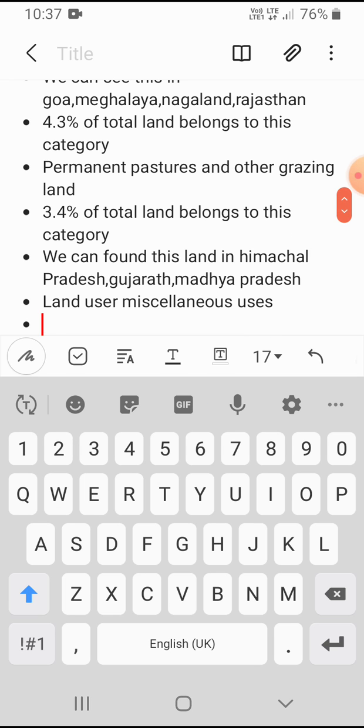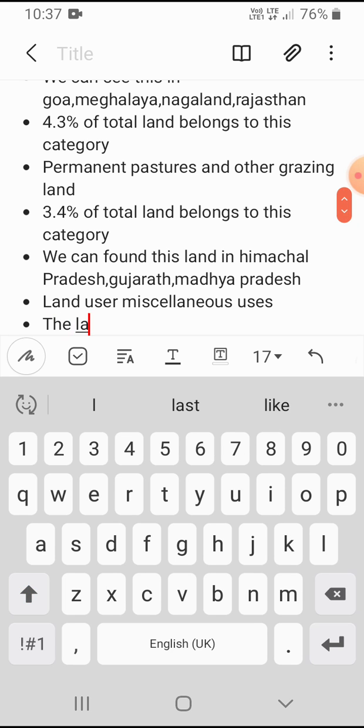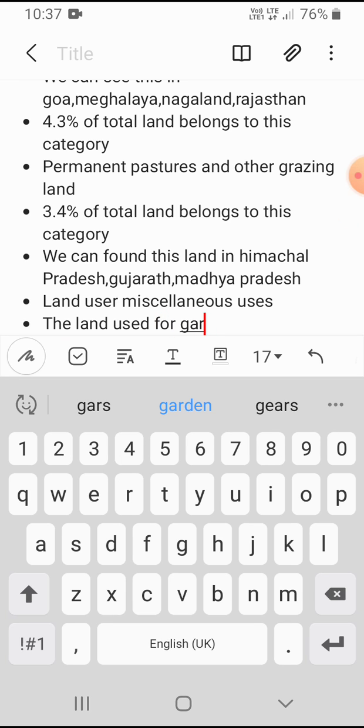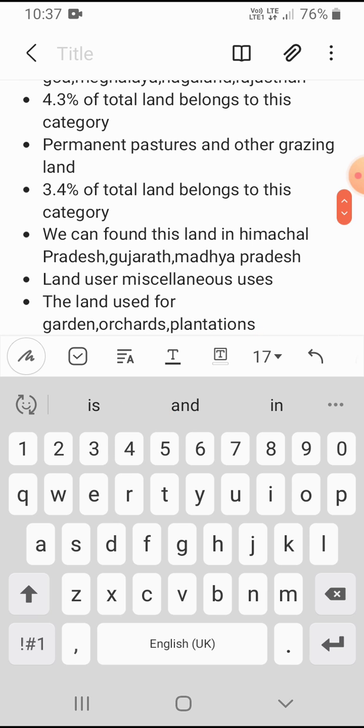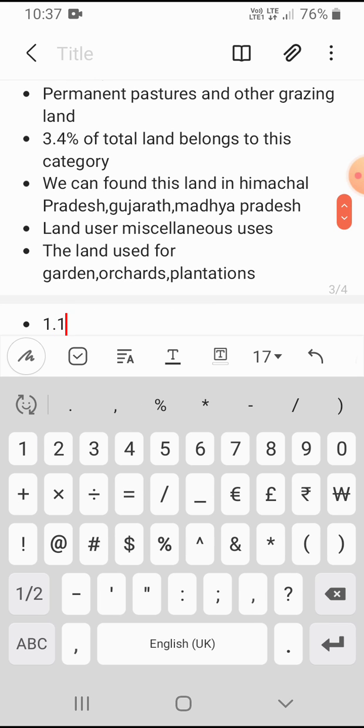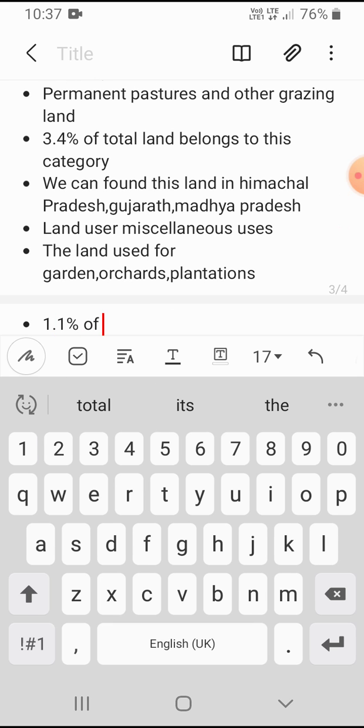So land use miscellaneous means the land used for gardens, orchards, means they will grow the gardens near their home, and a little bit of plantation they will make. So that type of land is called land use miscellaneous. And 1.1% of total land belongs to this category.